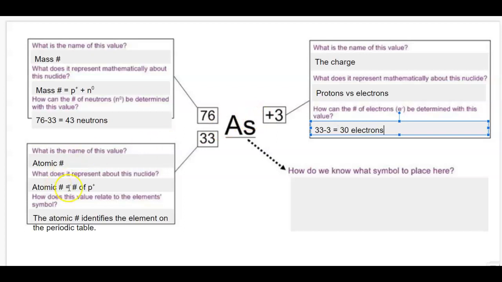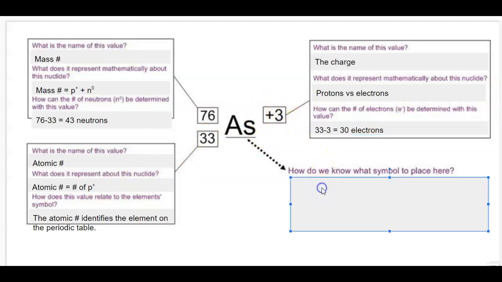It should make sense because we have 33 positive protons and 30 negative electrons, so overall we end up with a positive 3 charge. And then how do we know what symbol to place here? The atomic number of 33 tells us the symbol, which can be found on the periodic table.